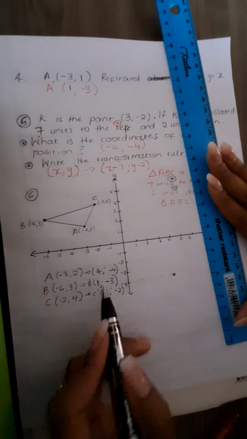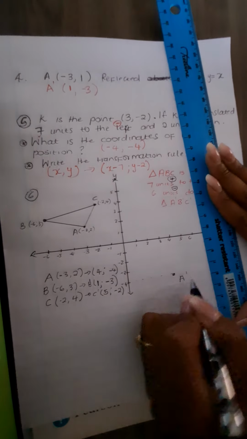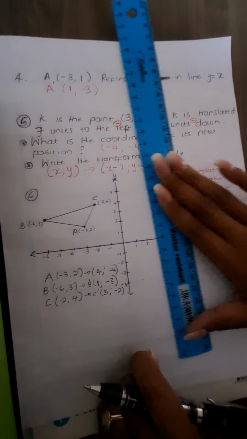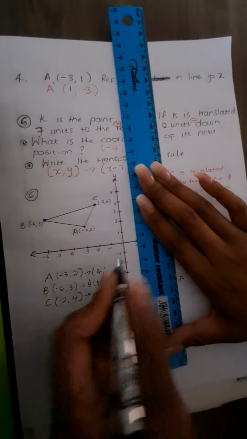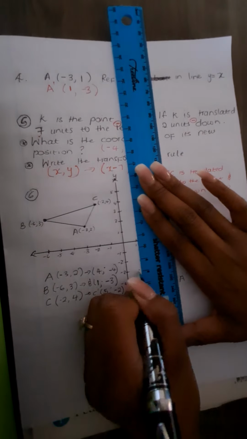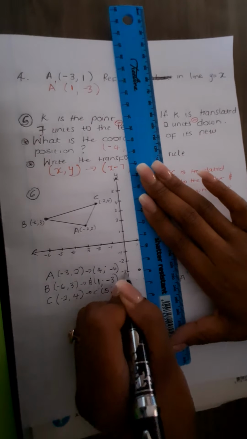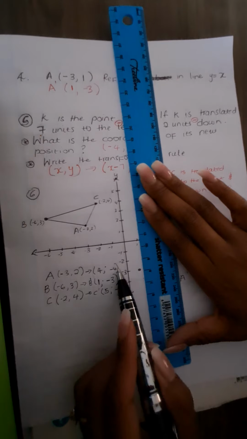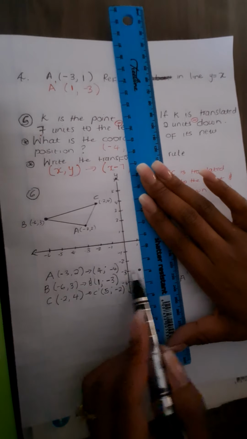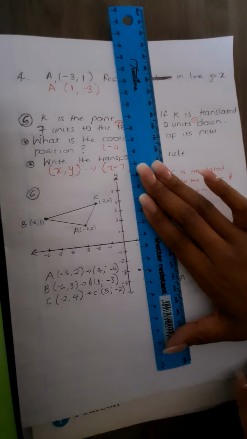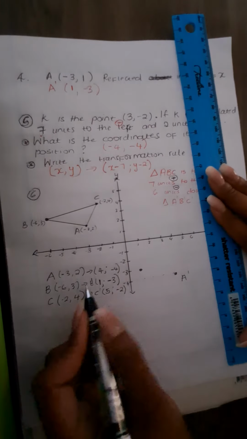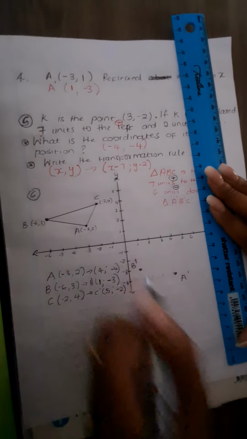And then the next point, this is point A prime. The next point, it is +1 and -3. This is my +1 and -3. I can see that's your -3, right? And then this is my B prime.